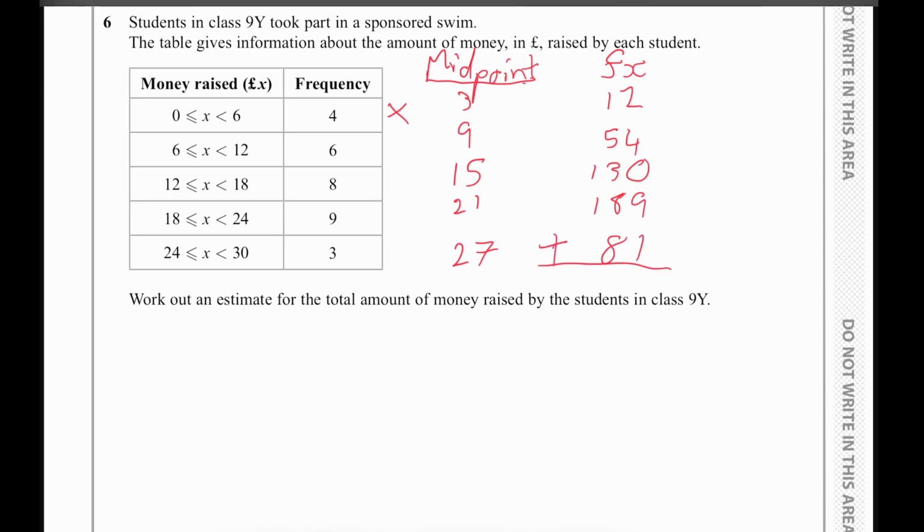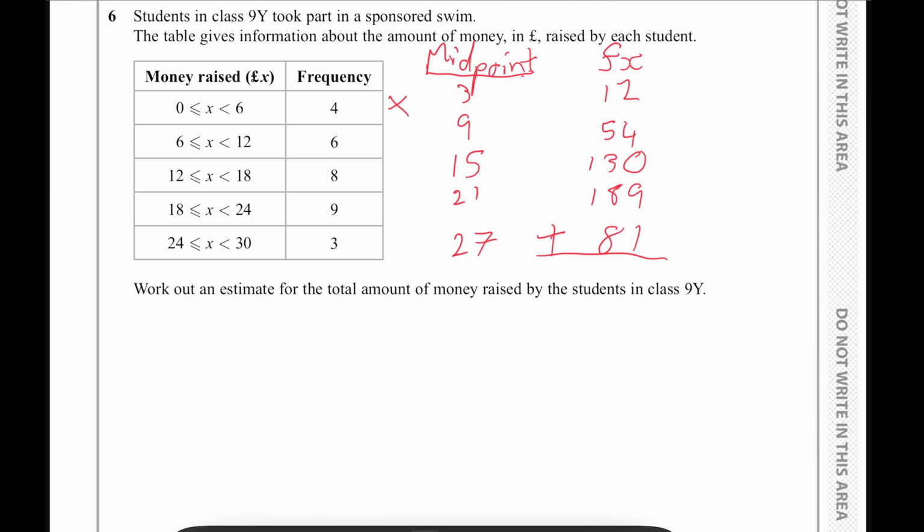After that we're just going to find their total, add them all together, and then this will give us our estimate. So our total for the estimate for the amount raised would be £466.